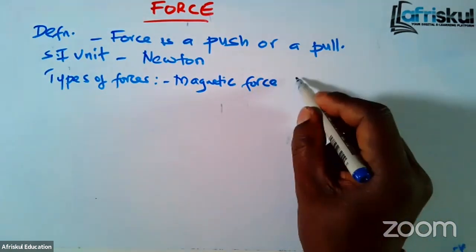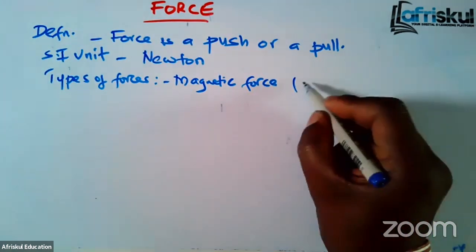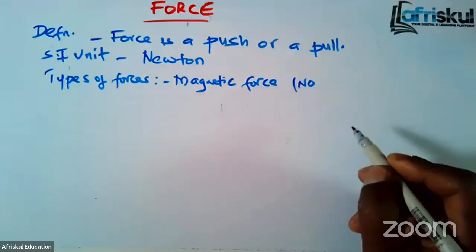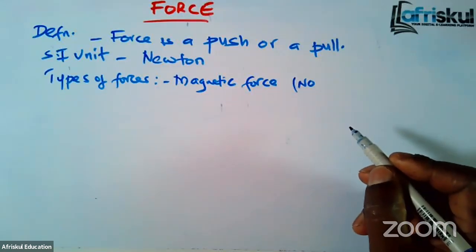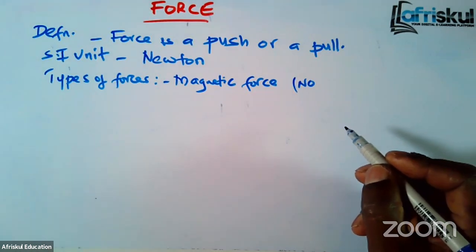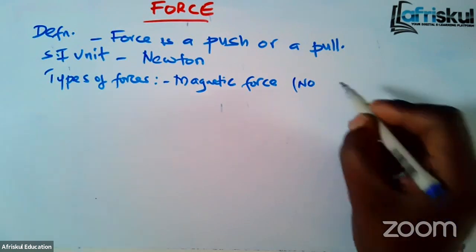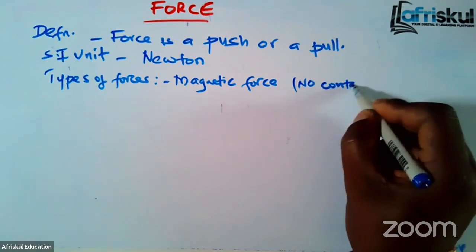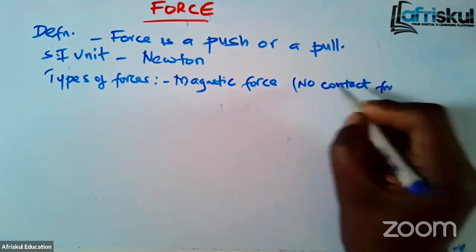Magnetic force. This kind of force is non-contact, because with your experience with magnets, you know a magnet is able to attract a metal even when that metal is at some distance from it. So we say it's a no-contact force, or non-contact.